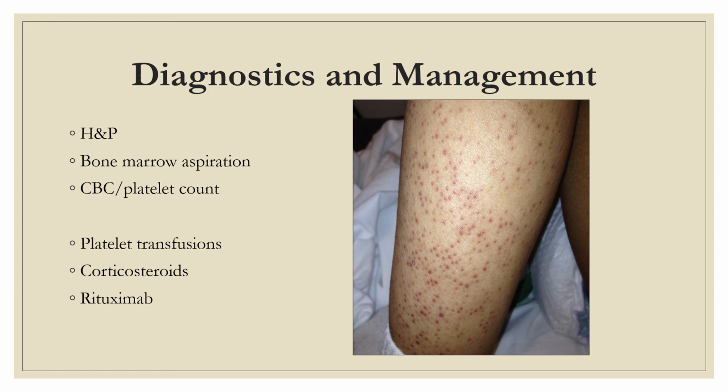We do want to do an H&P, get a history and physical. The patient may need a bone marrow aspiration, and tests such as CBC and platelet count. For treatment, we may need to do platelet transfusions. Corticosteroids are very common, and rituximab is a medication.